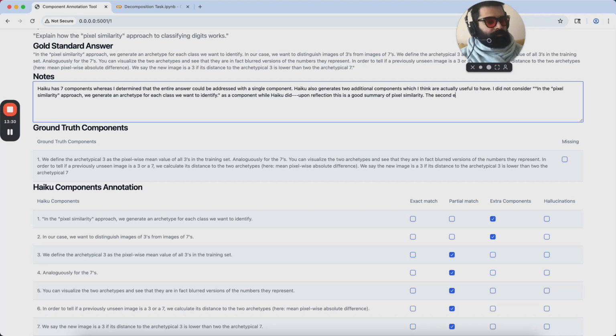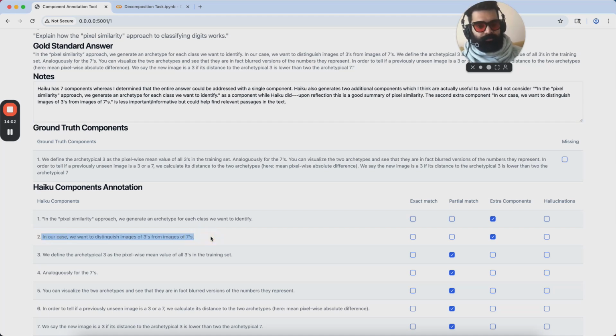The second extra component is less important, informative, but could help find relevant passages in the text. So I could imagine that, especially if I'm doing some kind of semantic search, this sort of text might actually help find relevant passages.